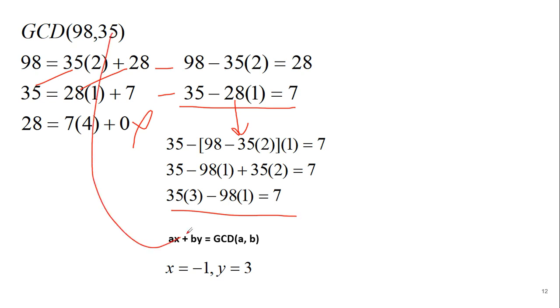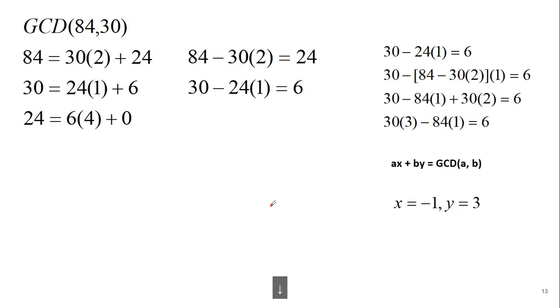With respect to 35 we get 3 and with respect to 98 we get minus 1. And we can see that for 35 and 98 the greatest common factor is 7. So when we do this we get the GCD of a, b. Just go through this problem also.